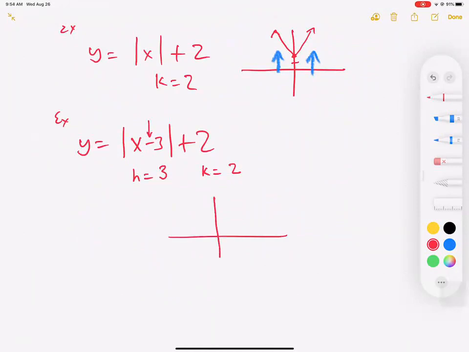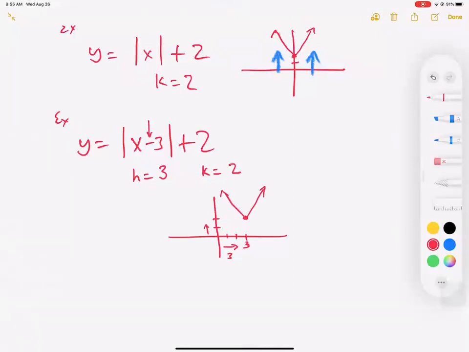So what we do is, fine, move over 1, 2, 3 spaces to the right. And we're going to move up 1, 2 spaces up, put a dot. So we moved over to the right 3 spaces and up by 2. And this is our graph.